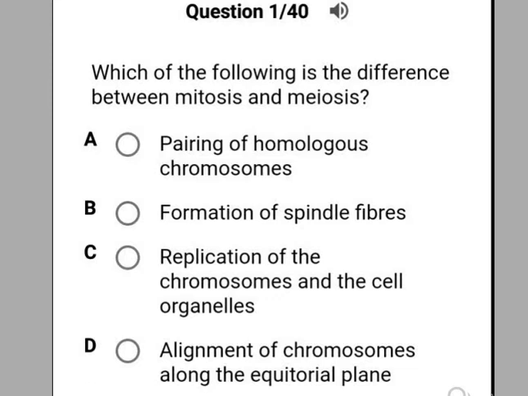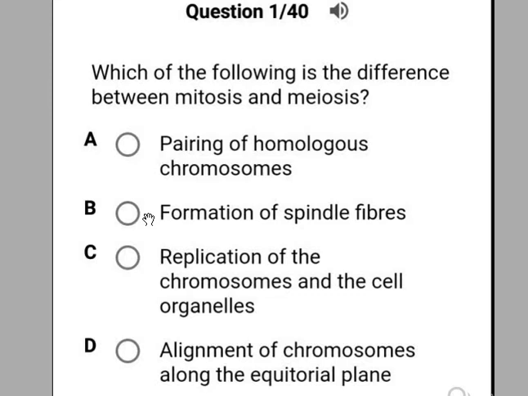Question number 1 says, which of the following is different between mitosis and meiosis? A. Pairing of homologous chromosomes. B. Formation of spindle fibers. C. Replications of chromosomes and the cell organelles. D. Alignment of chromosomes along the equatorial plane.